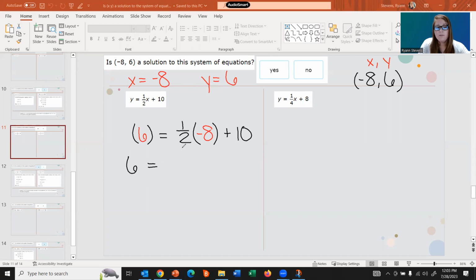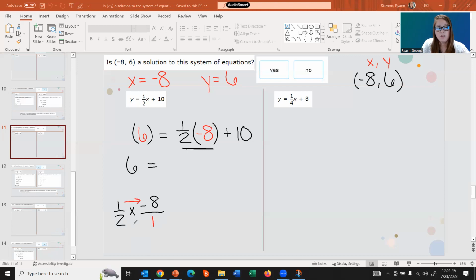Now we are going to multiply first according to our order of operations. And I know we're looking at this as a fraction, but remember, we can write this as 1/2 times -8. And remember that anytime you have a whole number, we can write it as a whole number over 1. So this is going to be much easier to multiply across.